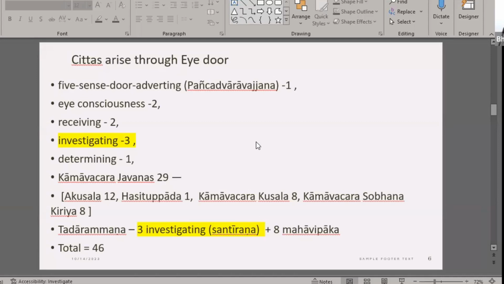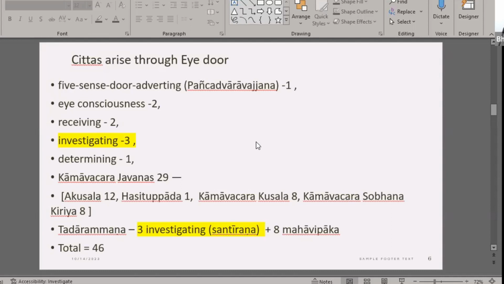In this section, you have to pay special attention to two functions. What are these two functions? Javana function and investigating function. Here we divide Javana Chittas into two sections. What are the two sections?